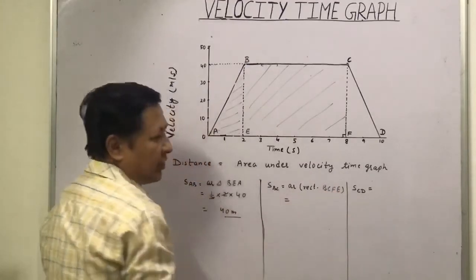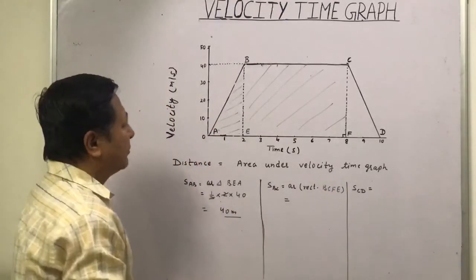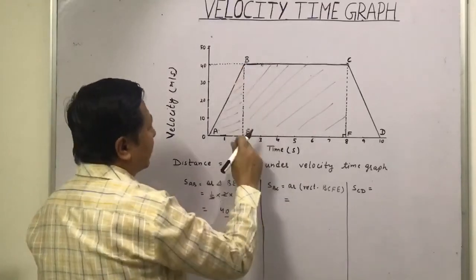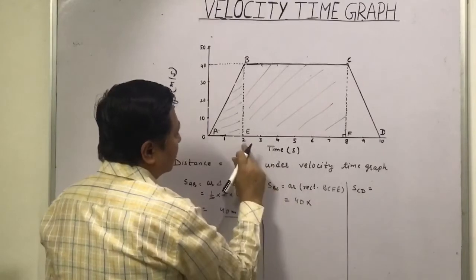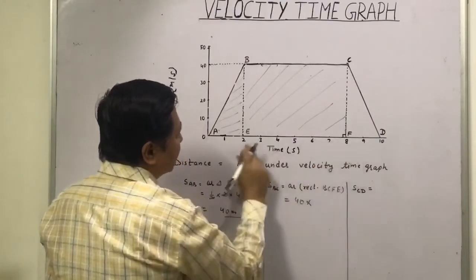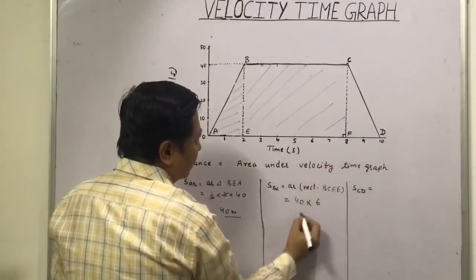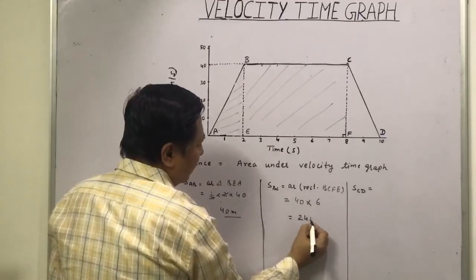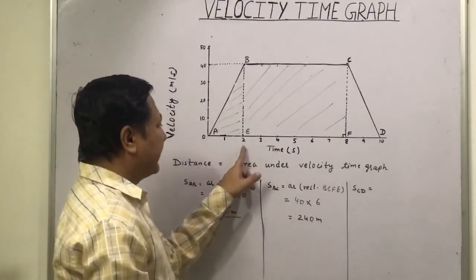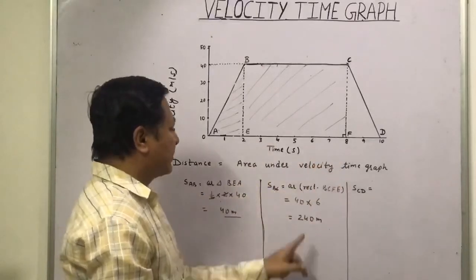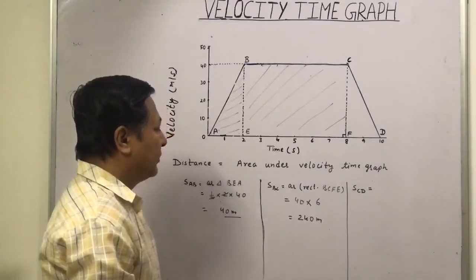And we know the formula area of rectangle, length into breadth. So this is 40 into, this is from 2 to 8, that means this is 6. So 40 into 6, that is 240 meter. So the distance traveled during the 2 to 8 seconds is 240 meter.